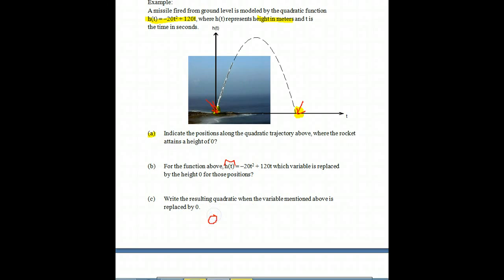So if we rewrote it, the rest of the question is going to focus now on how do we find the time, what is the time, when the height is 0.